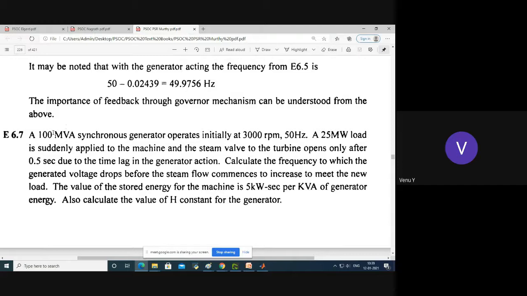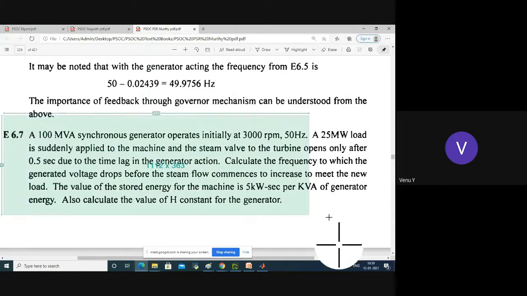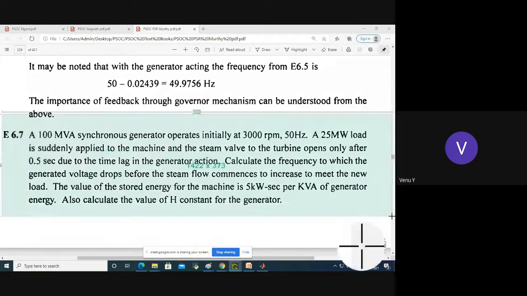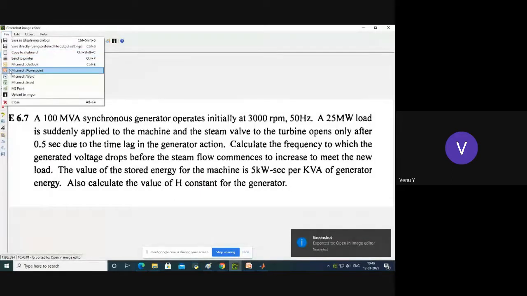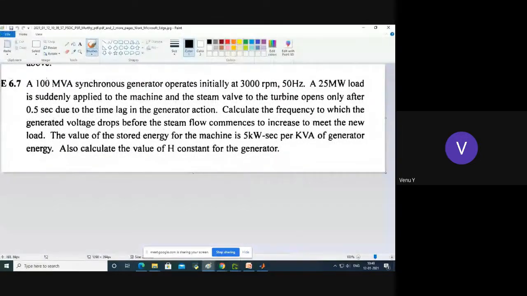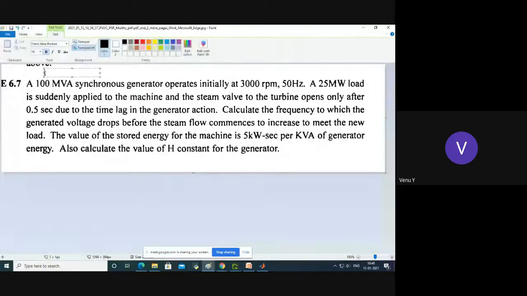Let us take this question. Now this is the full load capacity, 100 MVA.